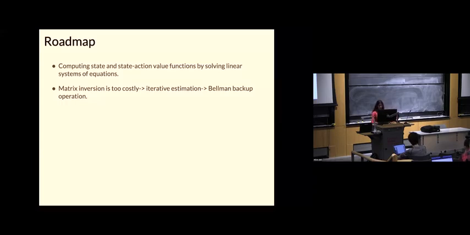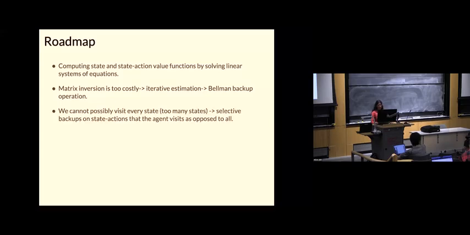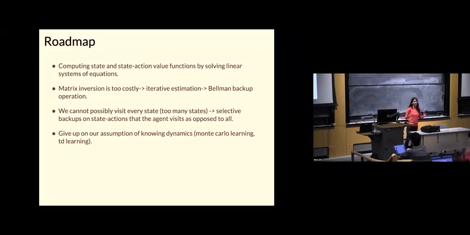Then in the next lecture, we got rid of the assumption of knowing the dynamics and the reward function. And we said now, instead of having an agent sitting in front of his laptop and trying to do computations to compute the state value function, the state action value function, we have an agent that actually interacts with the environment and collects trajectories.